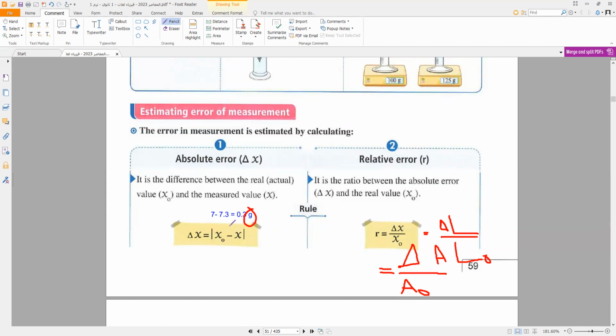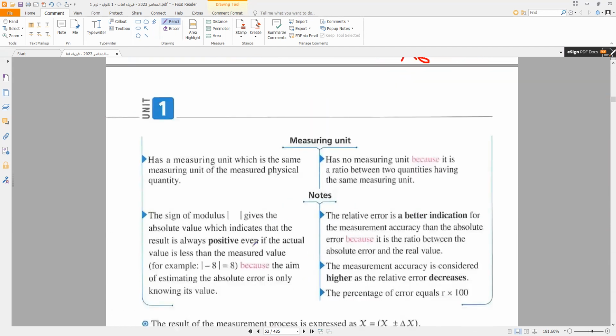But the relative error has no dimensions or measuring unit. It is the ratio between two identical physical quantities, length over length, mass over mass, or area over area, so it doesn't have any measuring unit.